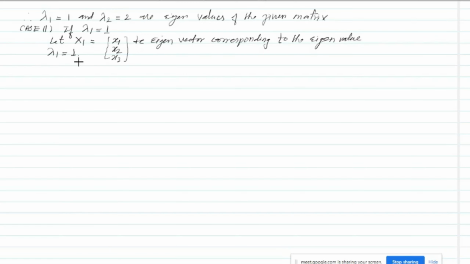Now since we know that the formula for eigenvector is (A minus lambda I) into X is equal to 0, where X is a column vector. So just replace lambda by 1. So therefore A minus 1 I, and X replaced by X1.